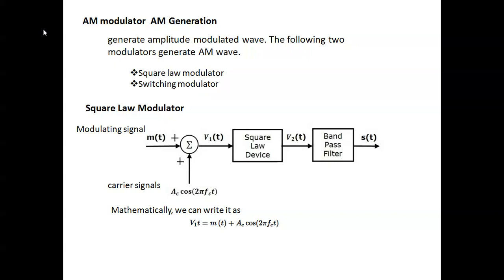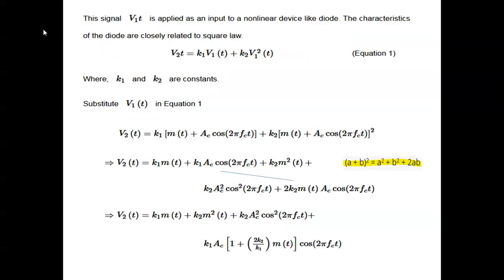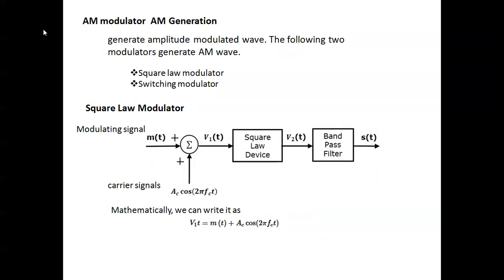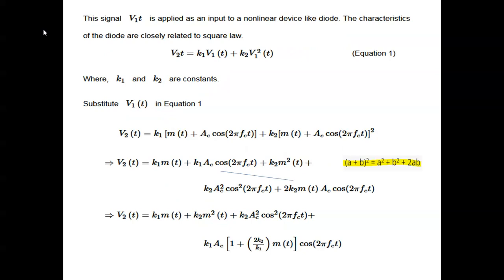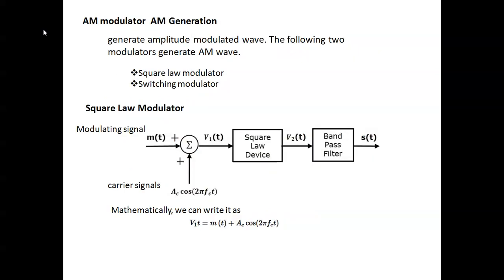This signal output V1(t) is sent to the square law device. The square law device squares that signal, as you will easily understand from the mathematical representation, and the signal comes to the output V2(t).